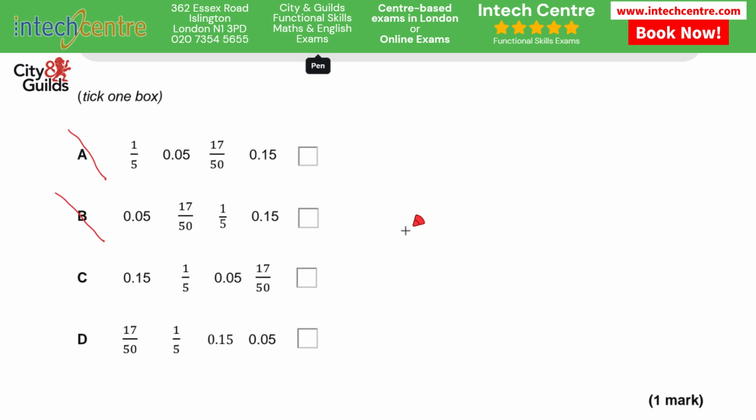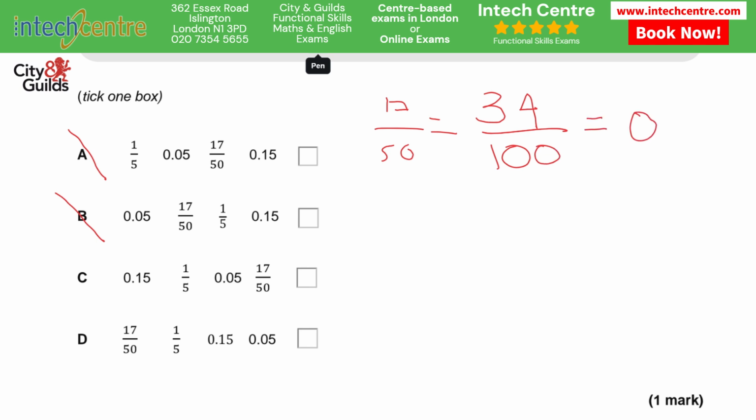To work with this, what we normally should be doing is converting all of them into decimals just to make it clearer. So the first fraction we need to convert is 17 over 50, which is the same as 34 over 100, which as a decimal is 0.34.